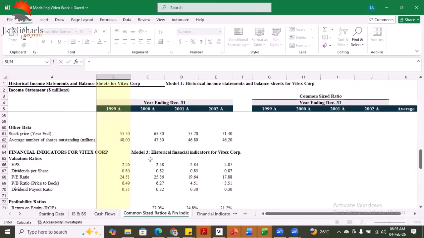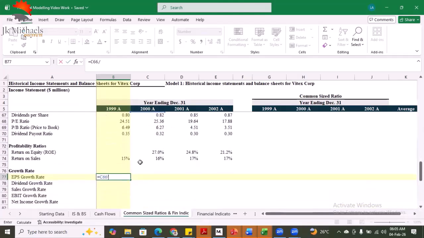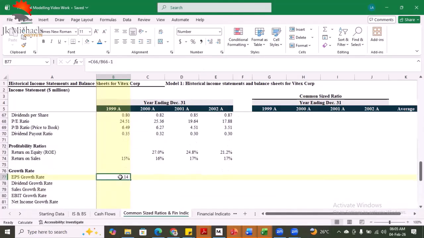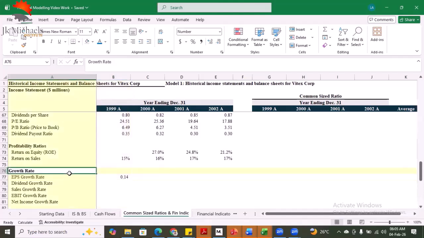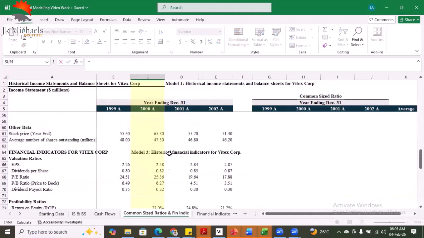We have this next period divided by the previous period, and then minus 1, and that's about 14%, right? Okay, so we have the next period divided by the previous period minus 1. And then again, we would have the next period divided by the previous period minus 1.